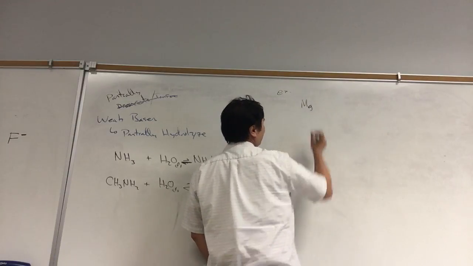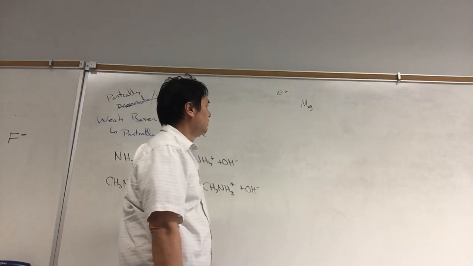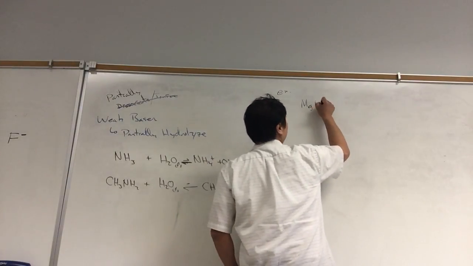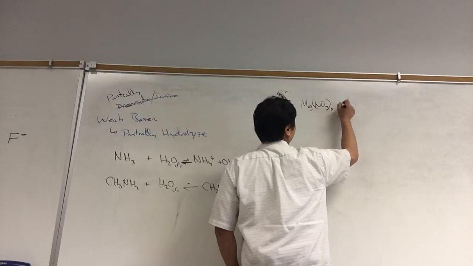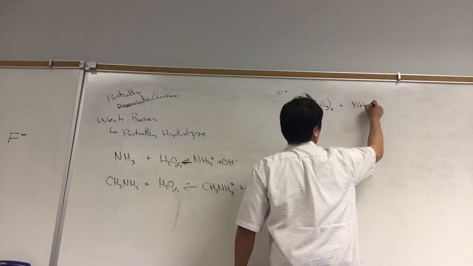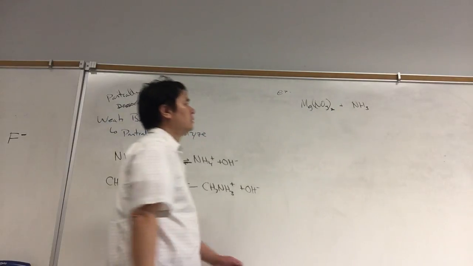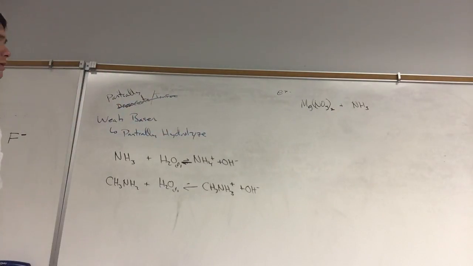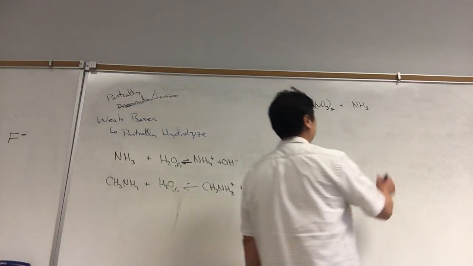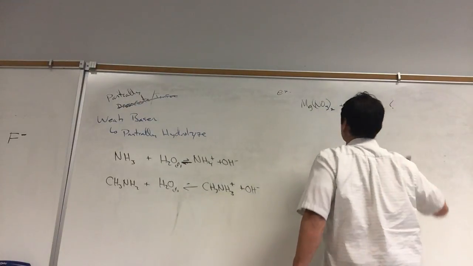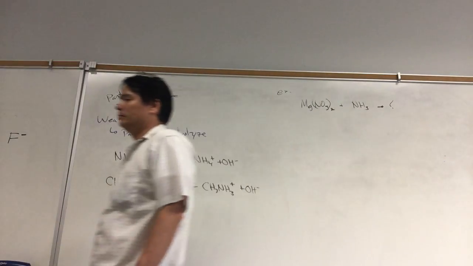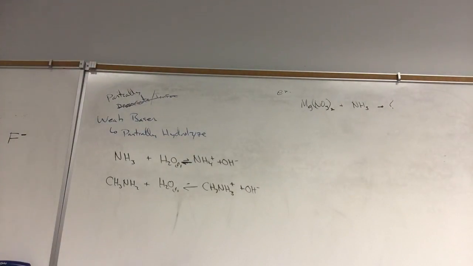We'll do magnesium nitrate plus NH3 (aq). So both of these are aqueous. And then we've got to figure out what's going to form here. Although this doesn't look like a double replacement reaction, does it? But it is. This is a metathesis reaction.